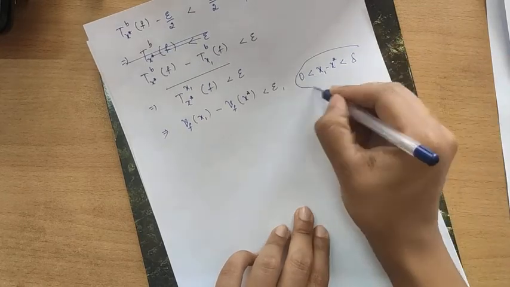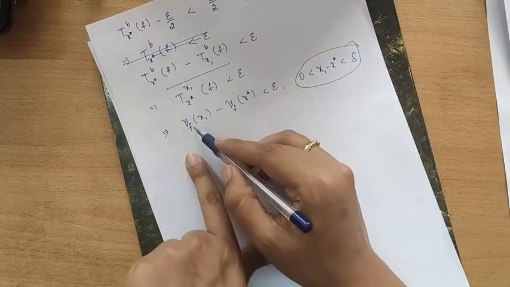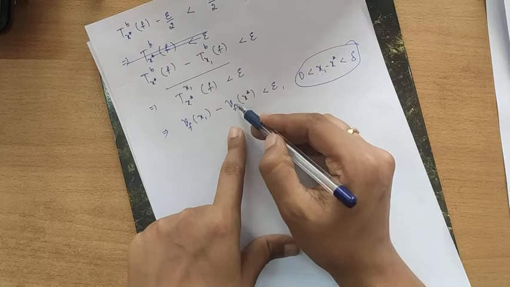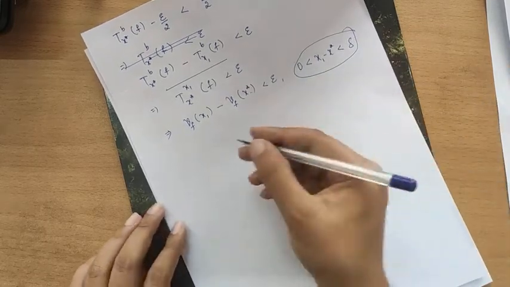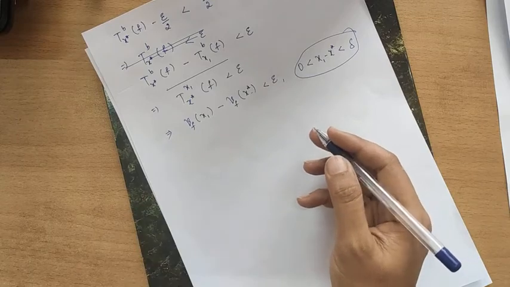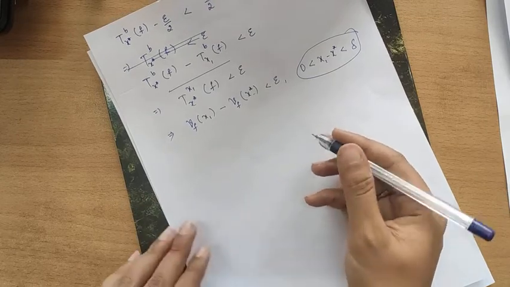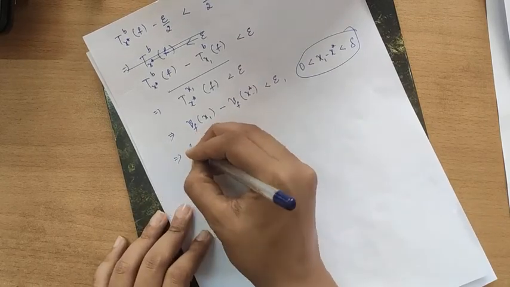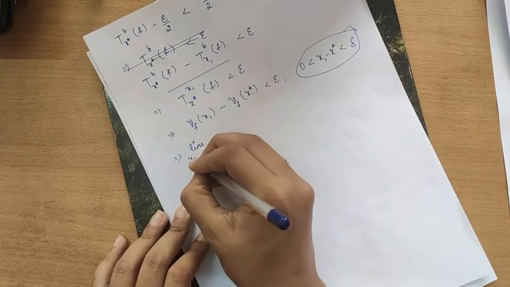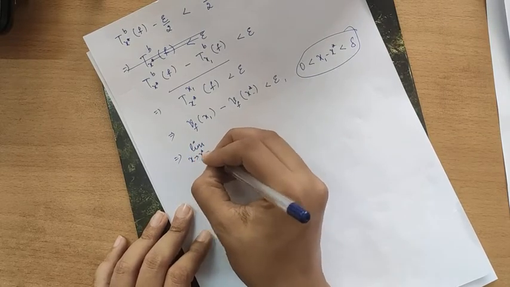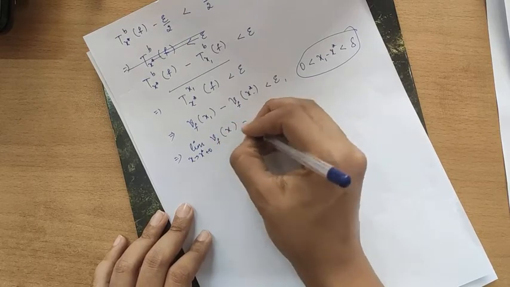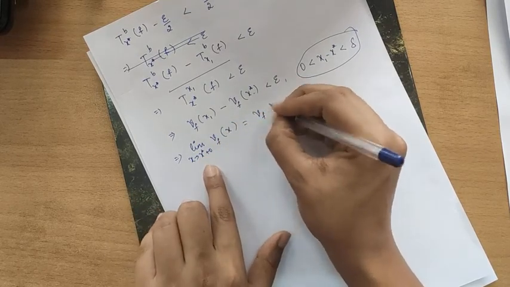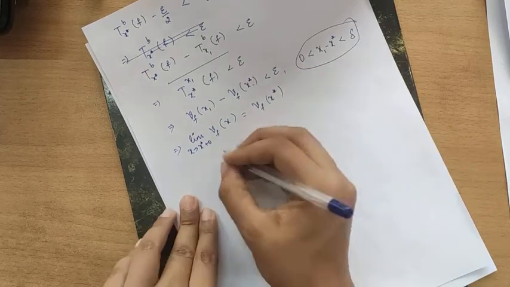For this value, your variation function of x1 minus variation function of x star will be less than epsilon. So if you consider the right hand limit and left hand limit, this implies limit x tends to x star plus 0 of Vf of x will be equal to Vf of x star, correct?